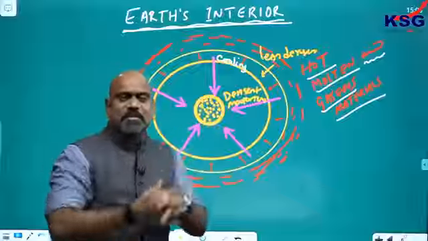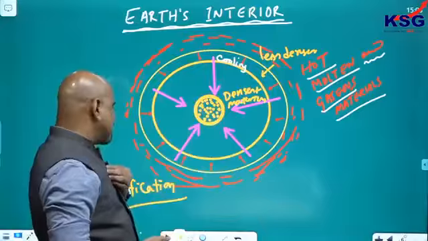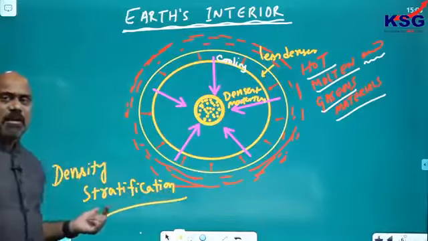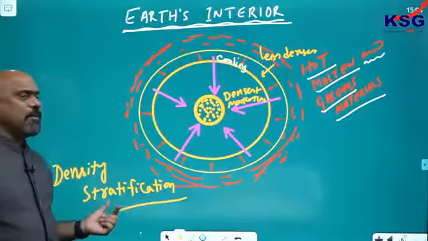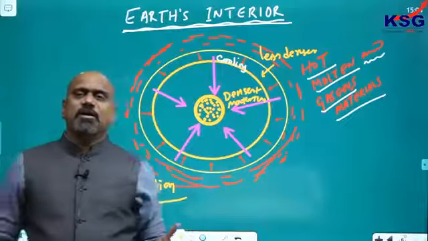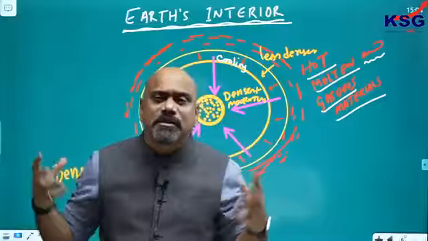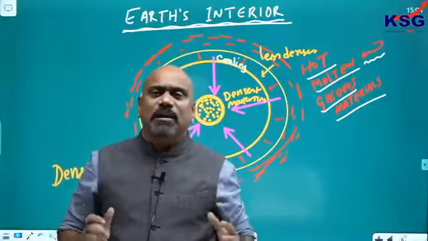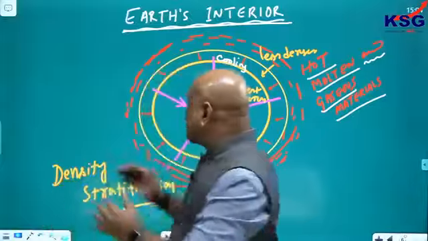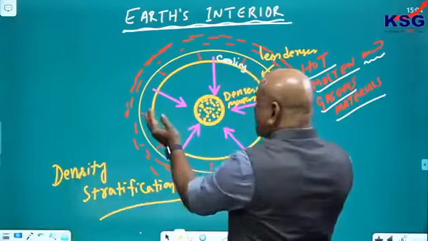This segregation by density is called density stratification. So the densest is at the center, the lighter one towards the periphery.